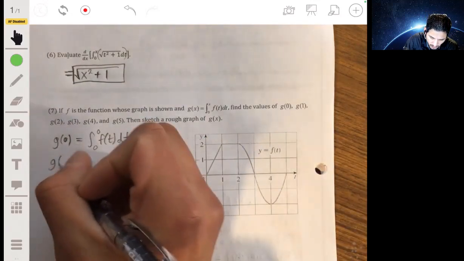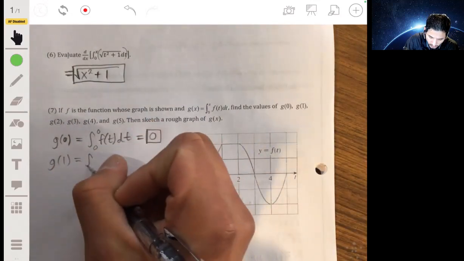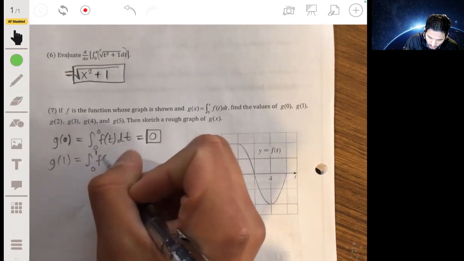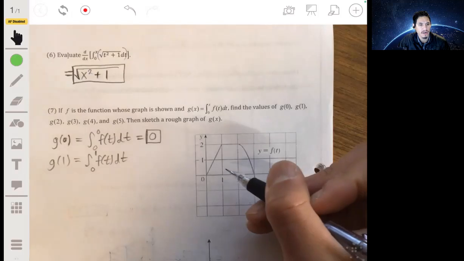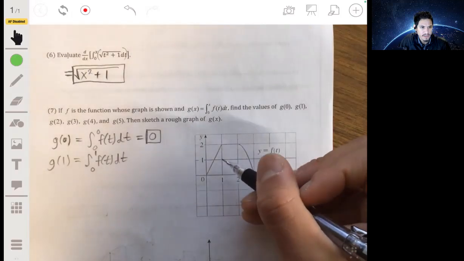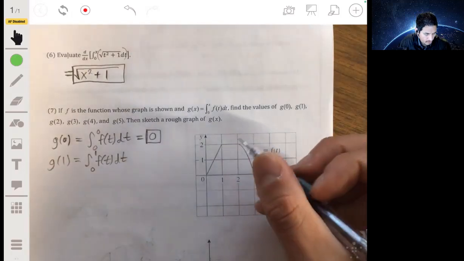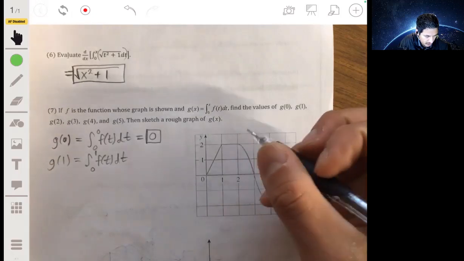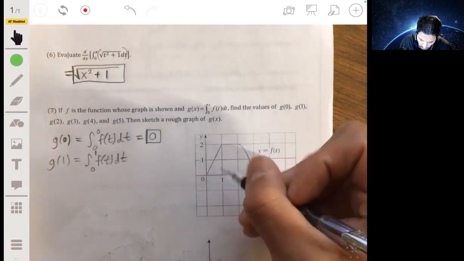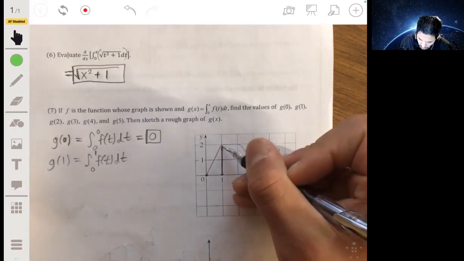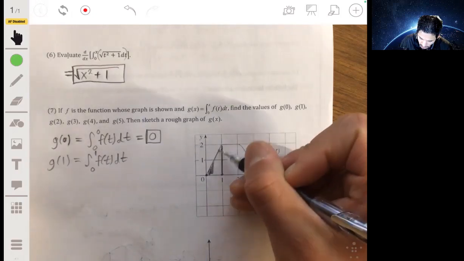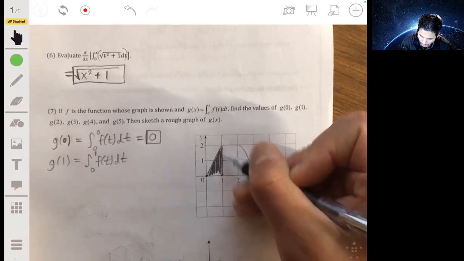Now g of 1 will be the integral from 0 to 1 of f of t dt. So what we do is we look underneath this function from 0 to 1, and we calculate that area. So we're looking at basically the area from here to here, the area underneath this line, which is just the area of this triangle.